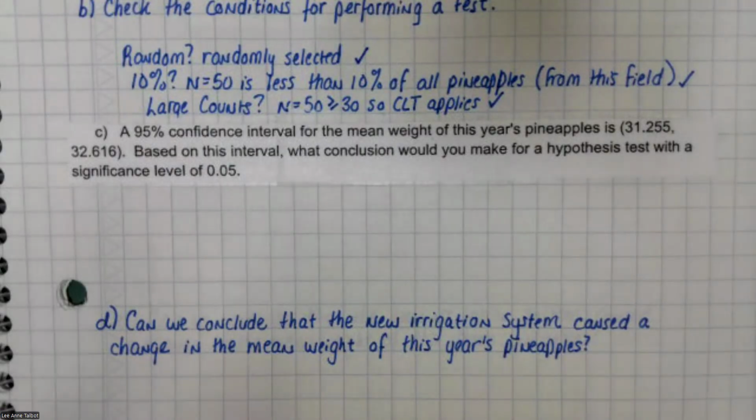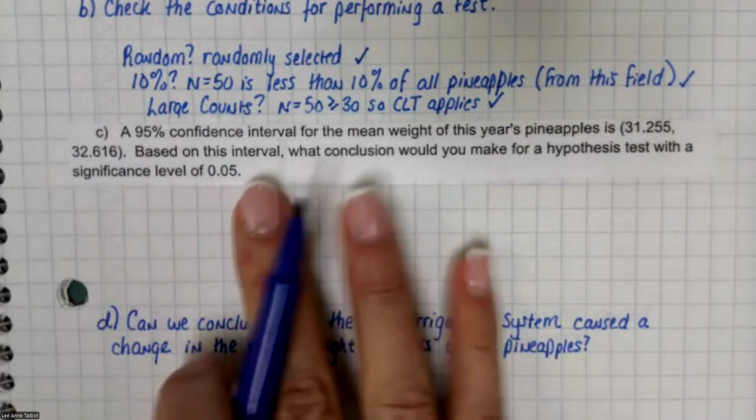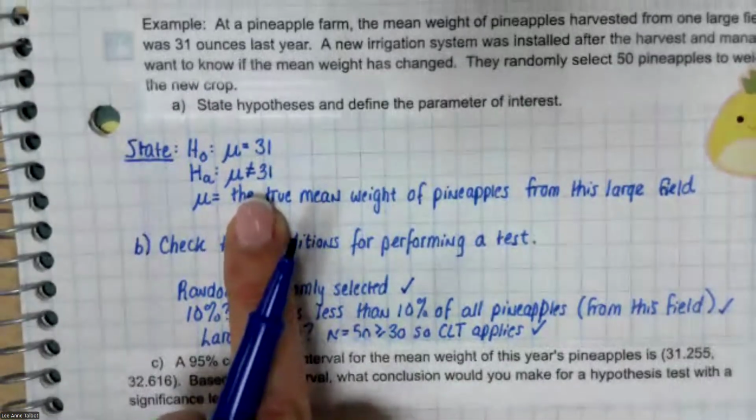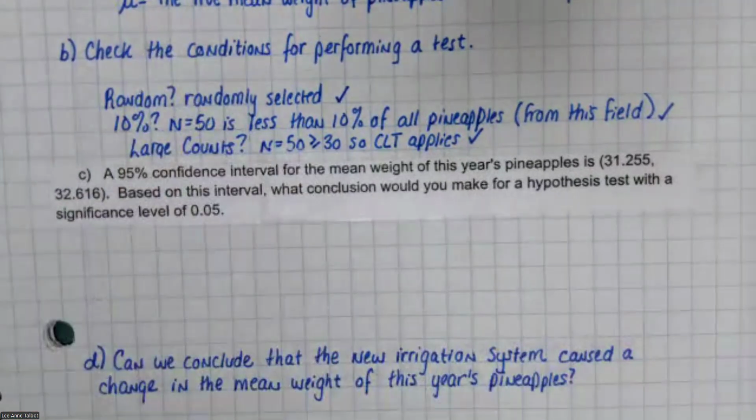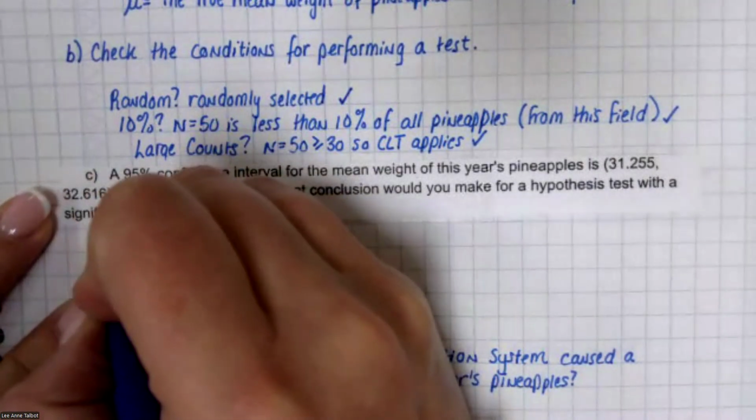Anyway, based on this interval, what conclusion would you make for a hypothesis test? Okay, so we're asking if mu is equal to 31 or not. Is 31 in my interval? No. Okay.